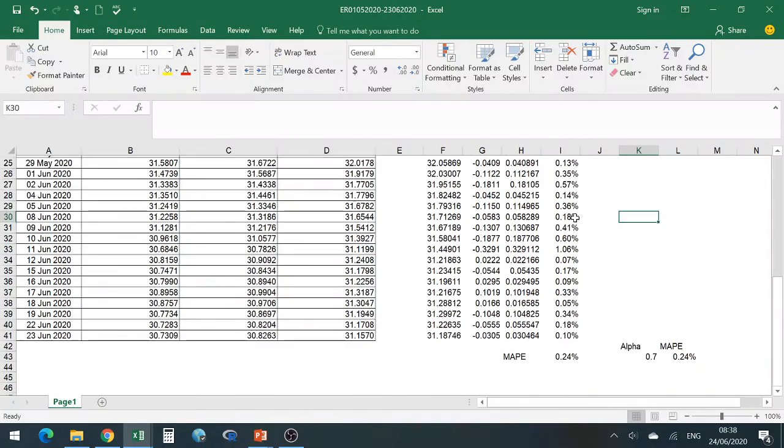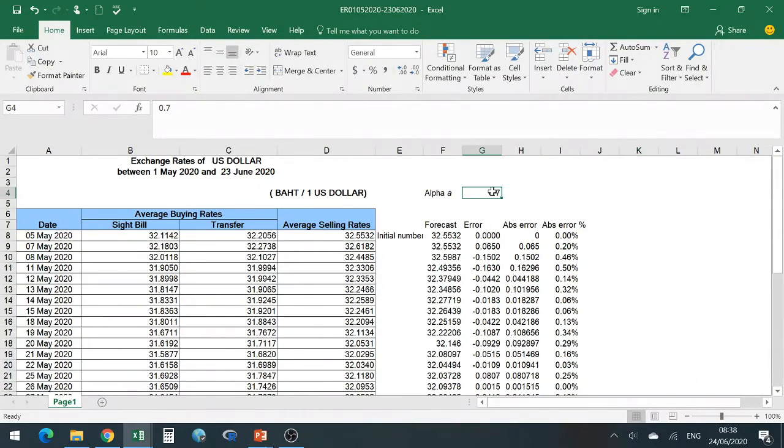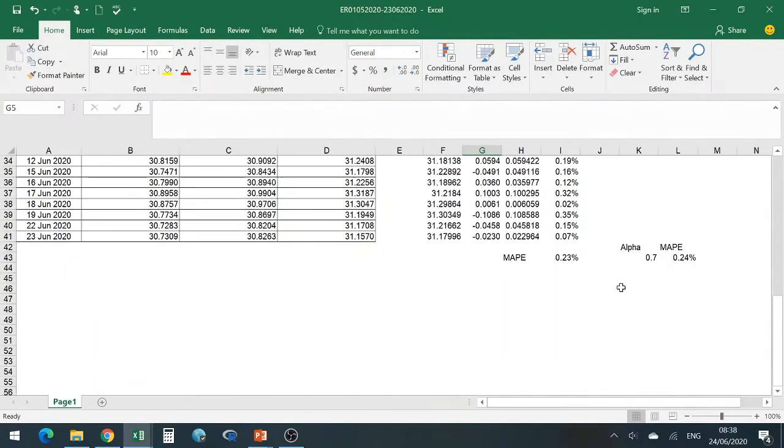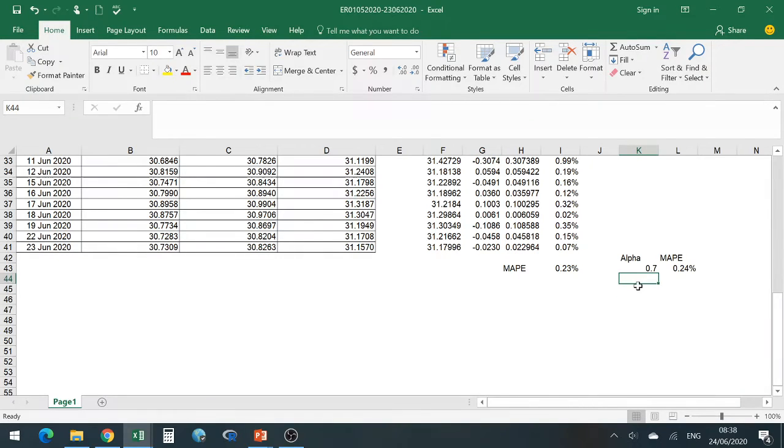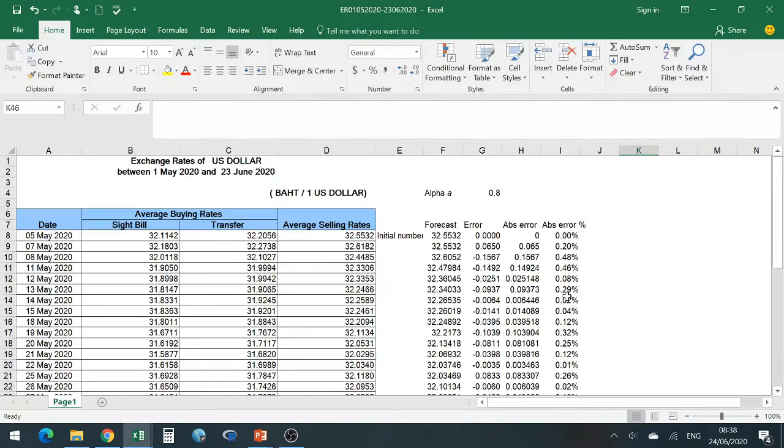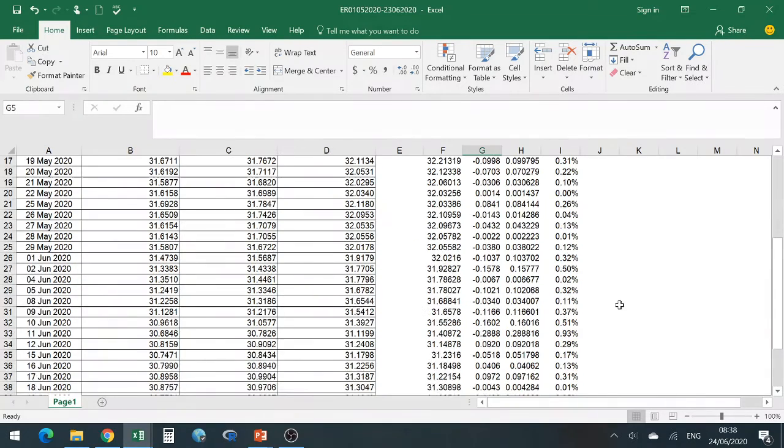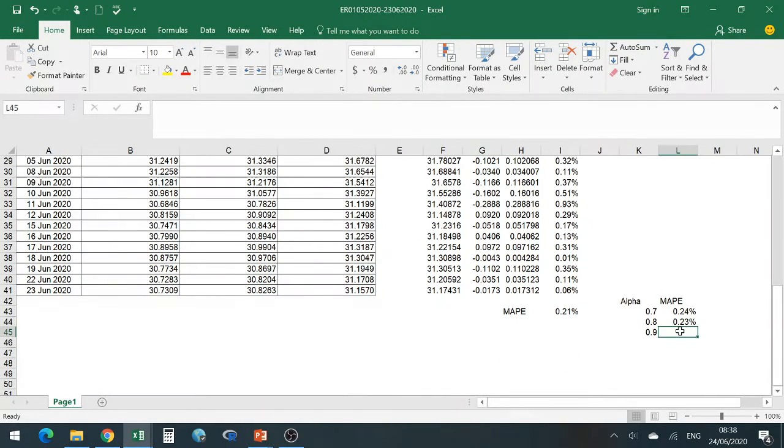How about when we change alpha to 0.8? Then everything changes. When alpha is 0.8, this one changed to 0.3%, so it's actually better. How about alpha becomes 0.9? Does it change more? So it can actually improve like this.